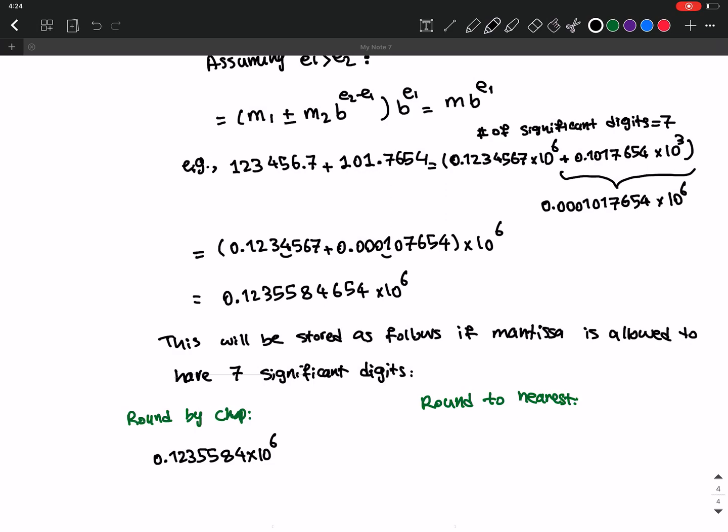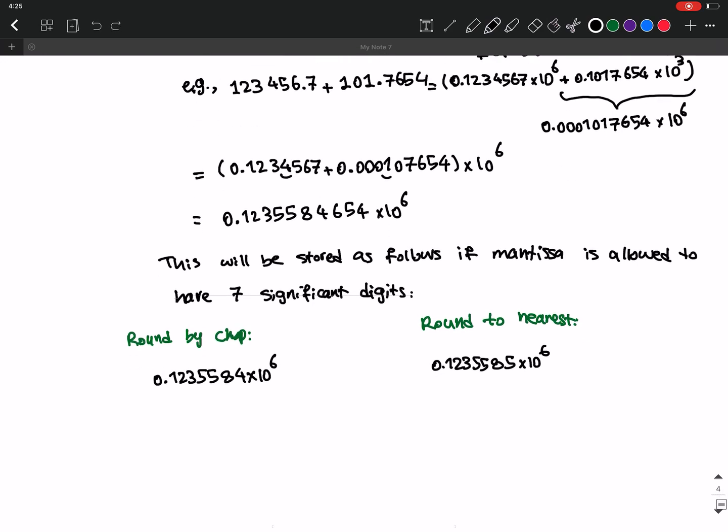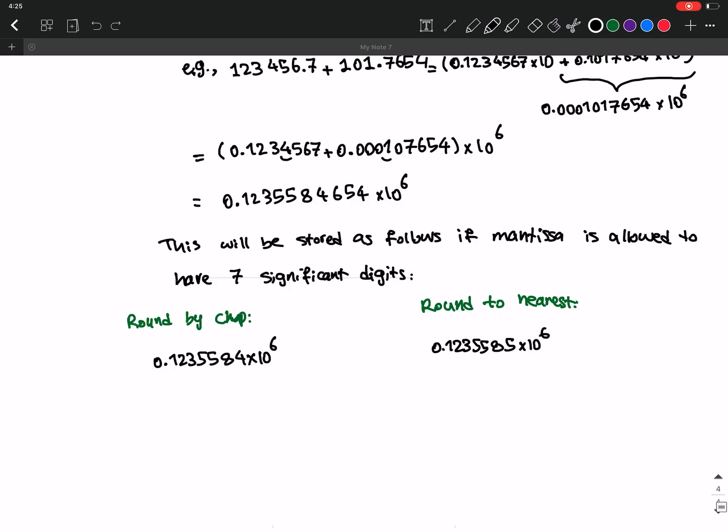So for example here, as you see, after 4 we have 6. So it's closer to 5 rather than 4, right? So the round to nearest is gonna give us 1, 2, 3, 5, 8, 5 times 10 to the power 6. So as you see, this is closer to the real number than rounding by chop. And so rounding to the nearest is usually more accurate than rounding by chop.